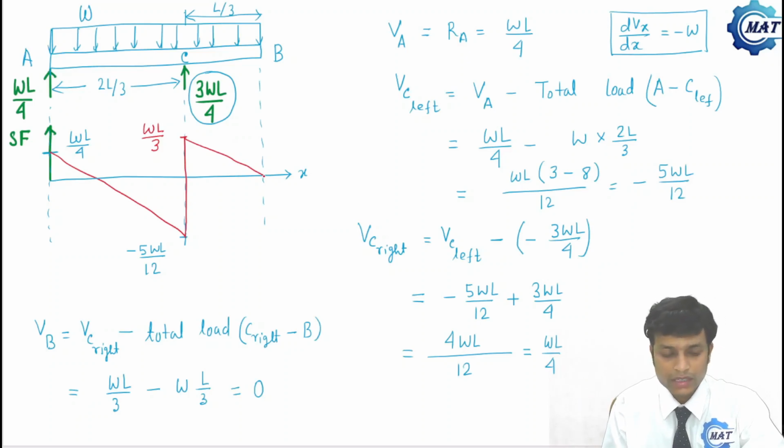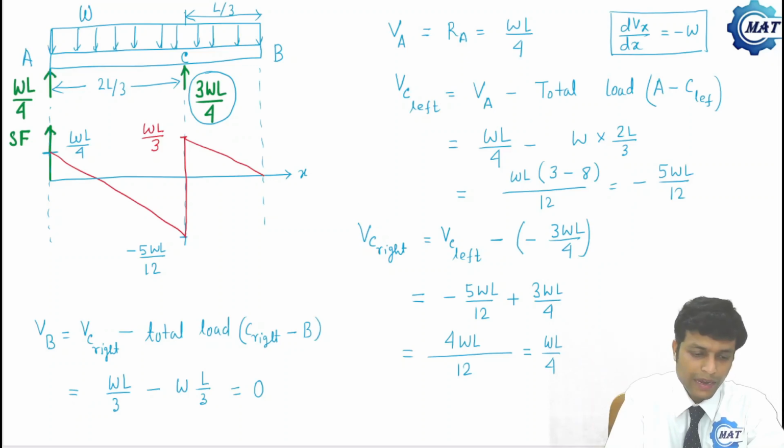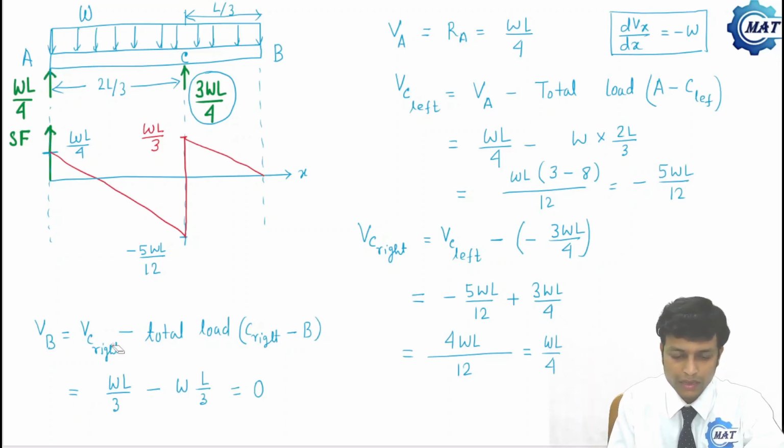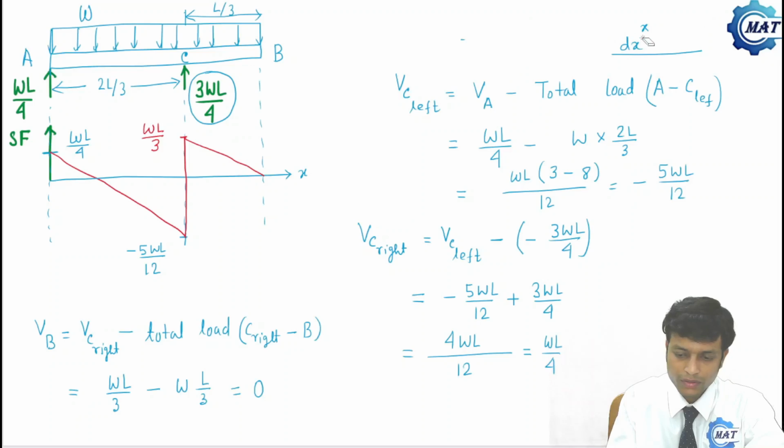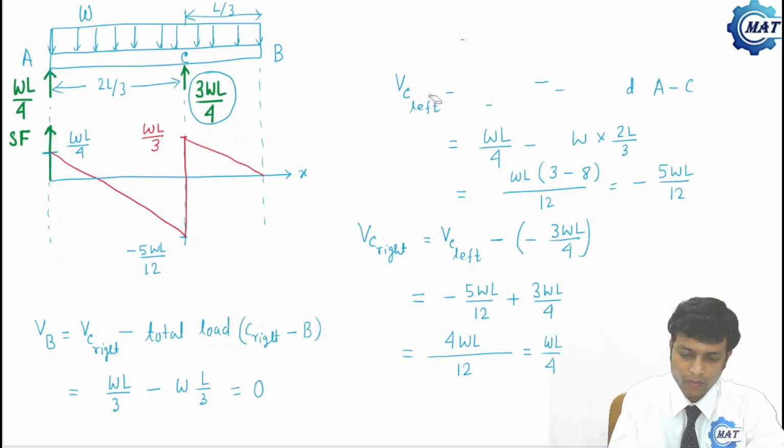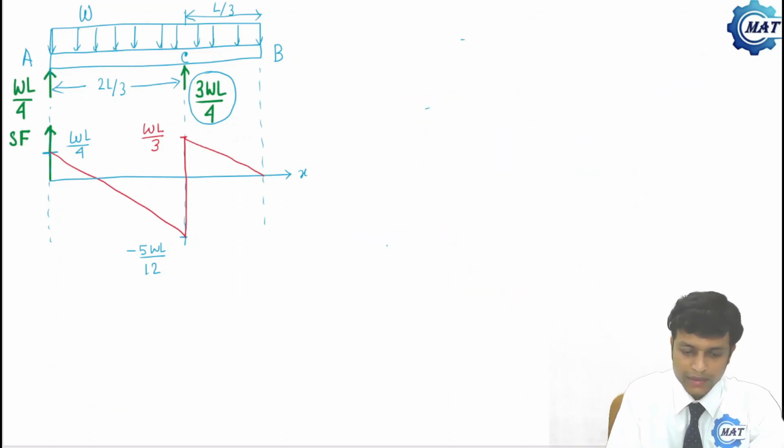Now our next objective is to draw the bending moment diagram, which we shall draw on the same page. So we shall erase these calculations of the shear force diagram. Now what is MA?